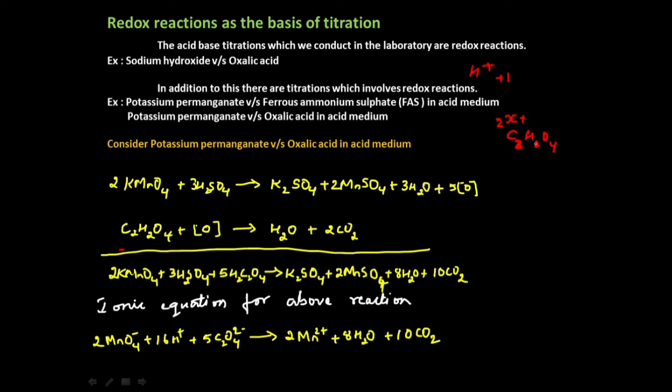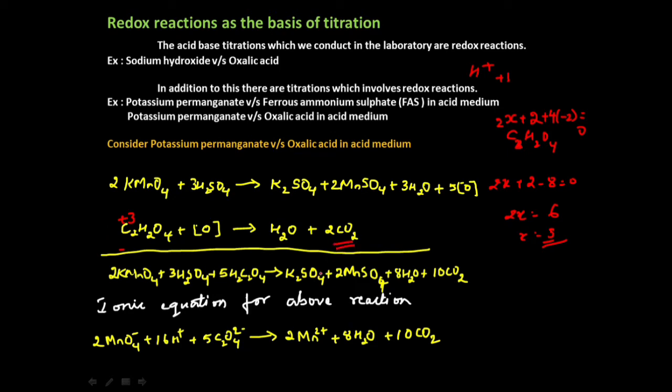Since there are 2 hydrogen atoms, I will take 2 into 1, that is 2, plus the oxidation state of oxygen, which is commonly -2. There are 4 oxygen atoms, 4 into -2, and the total charge will be equal to 0, isn't it? So now solve this. 2X plus 2 minus 8 is equal to 0. 2X will be equal to 6 and X will be equal to 3. So in this case one carbon atom will possess a +3 oxidation state.